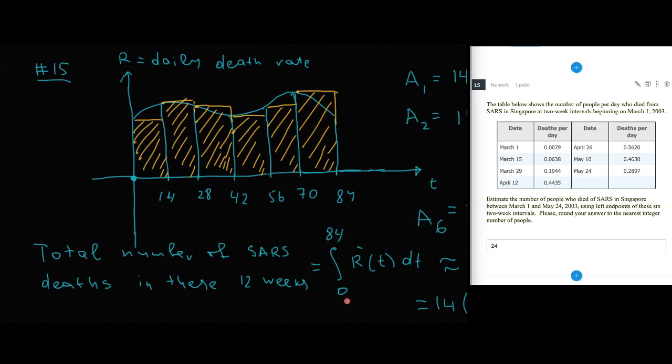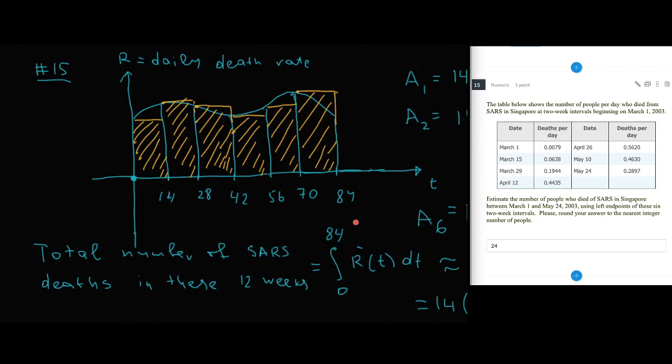This time interval from 0 to 84 is the time interval that we are looking at in this problem, because we have 6 2-week intervals, so 12 weeks total, considering that each week is 7 days. 12 weeks equals 84 days. And so we are integrating the death rate from 0 to 84 to find the total number of deaths.